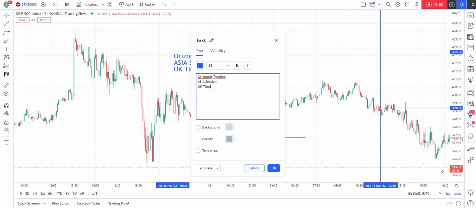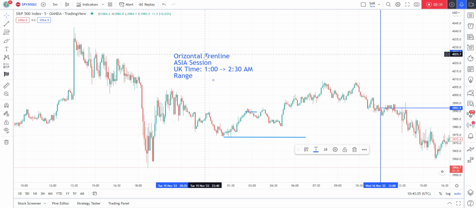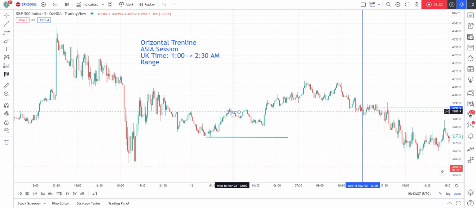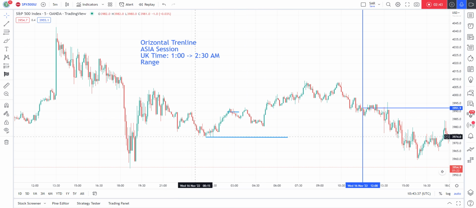UK time, between 1 and 2:30 a.m. So let's do it like this: 1 a.m. till 2:30 a.m. That's the range. Okay, so these are the instruments used. This is where we added the trend line. Here is 1 o'clock, and then this is 2:30. So this is where it stops.